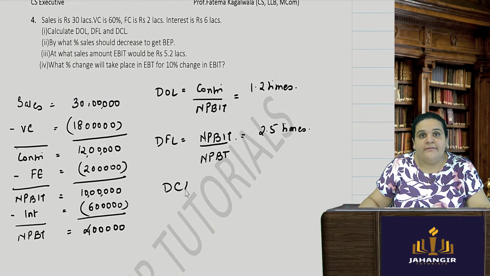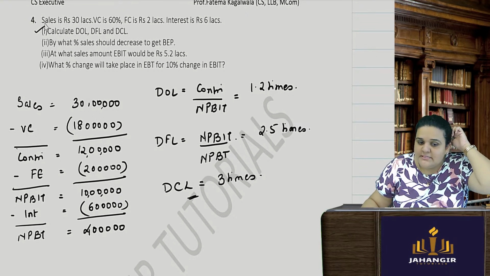Degree of combined leverage, degree of operating into degree of financial leverage, it is going to come as 3. All my 3 leverages are now in place. Now I will start answering the question. So first one is 1. Calculate all the 3 leverages.